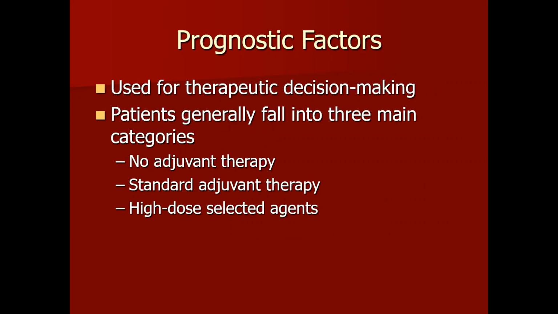Patient A is going to receive no additional adjuvant chemotherapy, or perhaps RT, depending on the circumstance, so no adjuvant therapy. Another possibility is standard adjuvant therapy, which would be chemotherapy and then radiotherapy if they haven't had a mastectomy. And then the third would be high-dose selected agents, or perhaps a boost with RT.